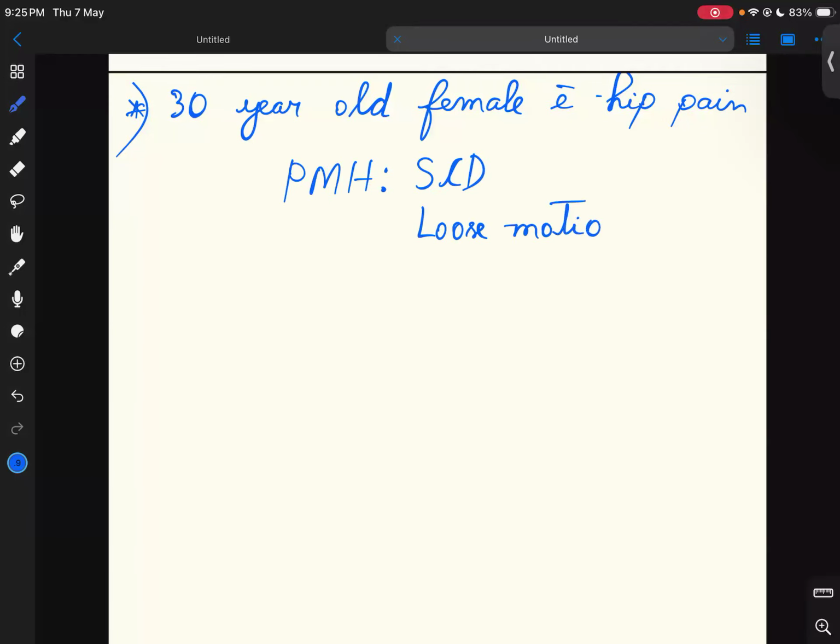Based on this, to the respected doctors, can you mention the differential diagnosis here? Osteomyelitis by salmonella. Wonderful answer. But first should be avascular necrosis. Yeah, due to dehydration. You have given the right answer, doctor. The second answer will be osteomyelitis by salmonella, because this loose motion can be caused by salmonella. So salmonella-induced osteomyelitis will become the second DD here.